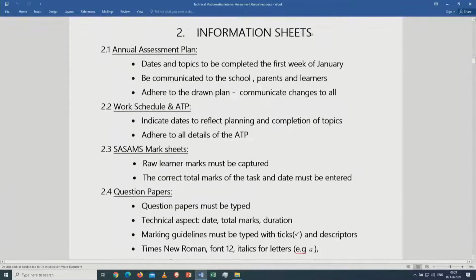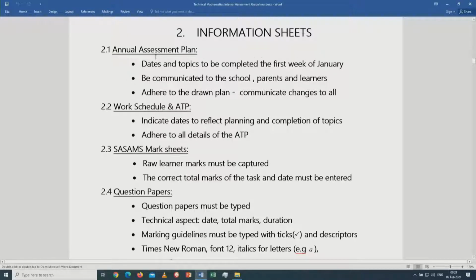Now we also have the information sheet, annual assessment plan. I think I spoke about the annual assessment plan, colleagues, where I also indicated that you need to show in your annual assessment plan what is it that will be assessed and when, so that the parents and learners can be kept posted and prepare accordingly. You can see dates and topics to be completed the first week of January.